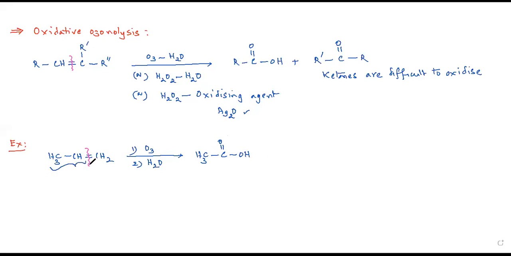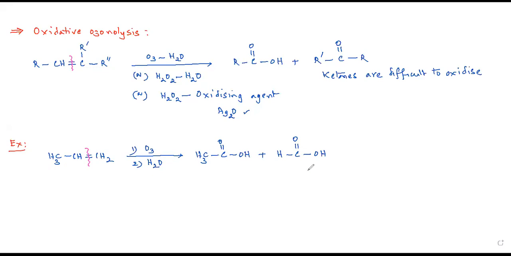From this end, you get acetic acid, and from this end, if you consider reductive ozonolysis, this area becomes formaldehyde. But because this is oxidative ozonolysis, formaldehyde so formed further gets oxidized to formic acid. And I have an interesting point here.